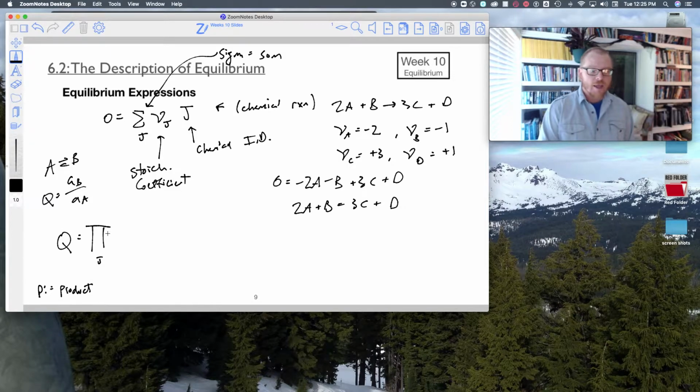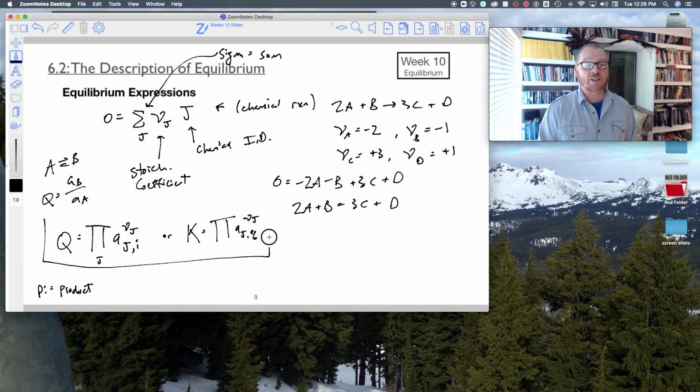And so our Q becomes the activity of species J raised to its stoichiometric coefficient, for initial activities, which I'll say as A_J,i. And we know that K equals big capital Pi of A_J at equilibrium raised to the nu J power.